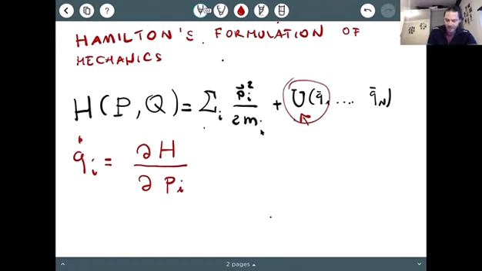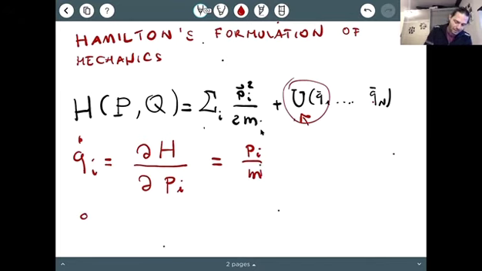Well, there are n particles. The partial derivative with respect to the momenta, if I apply it to the Hamilton's function here, will return precisely p_i over m. So the first half of the Hamilton's equations are well described by this first prescription. Take the Hamilton's function and take a partial derivative with respect to momentum.